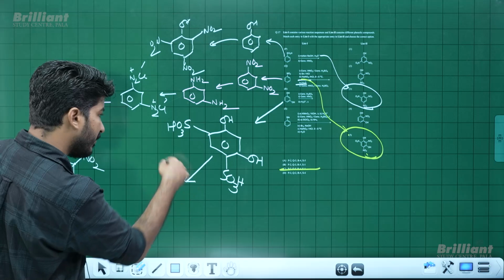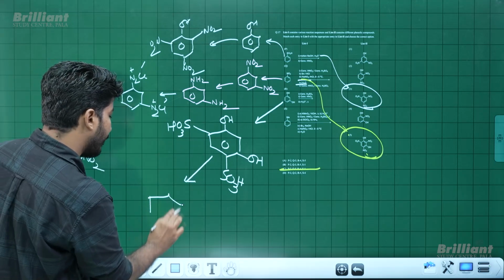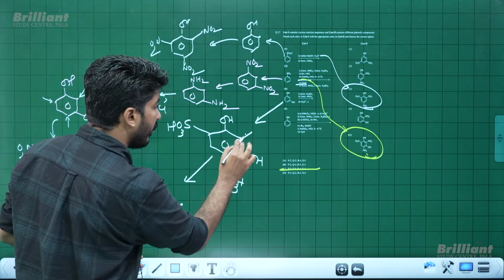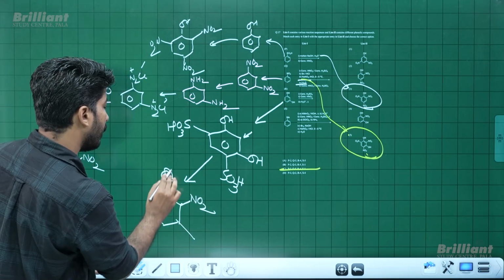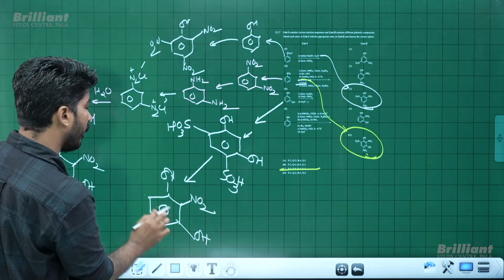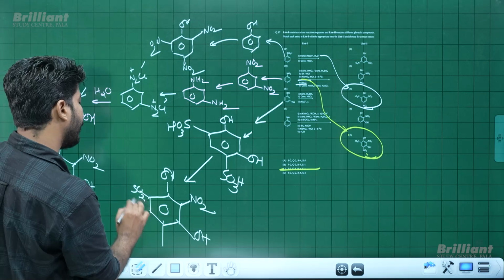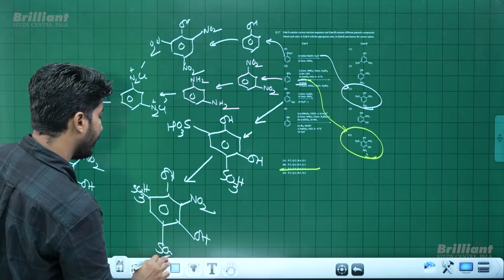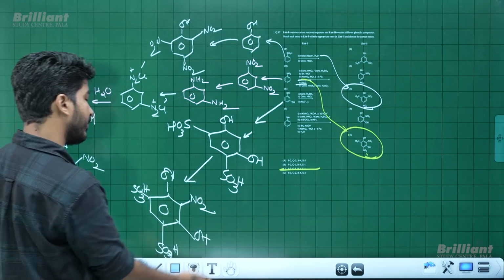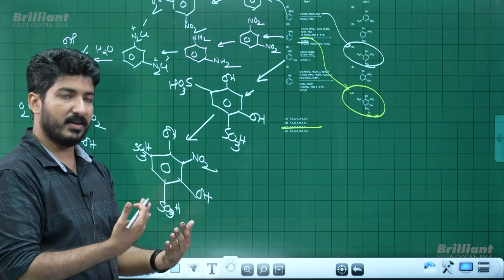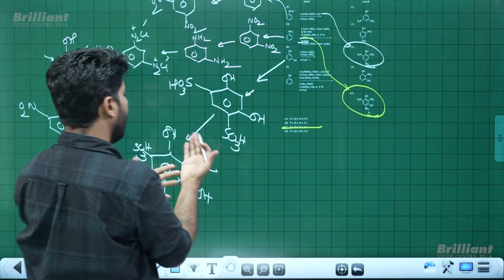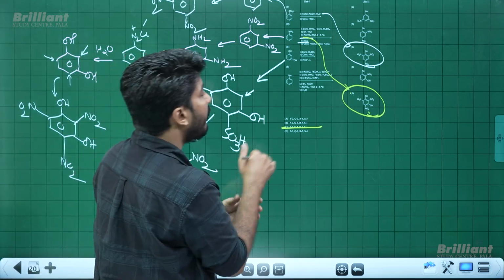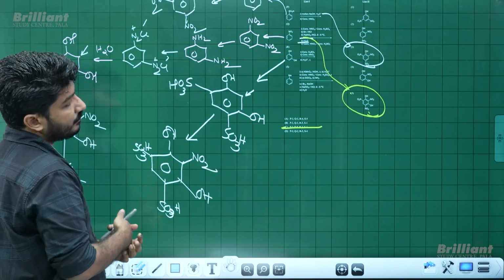On nitration of this sulfonated phenol, one more location is free here. That location will be nitrated. So this is a trick for controlled nitration of phenolic compounds. First sulfonate it, then it is slightly deactivated and masked at the reactive sites, and then if you do nitration, you can lower the number of nitro groups entering the ring.